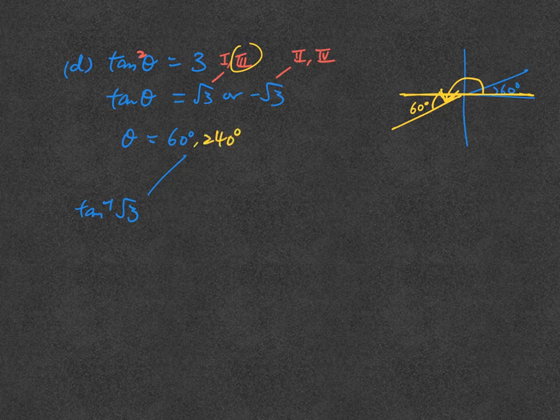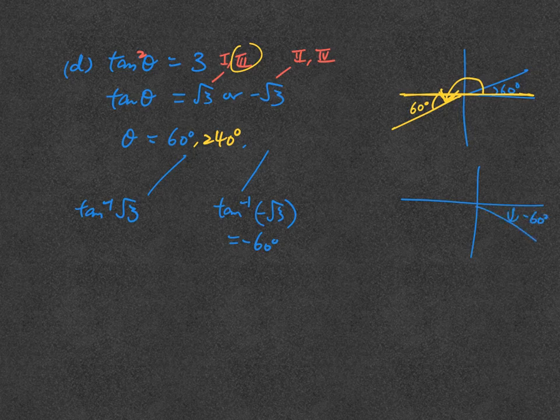And next, you still have more answers by looking at the second answer, shift tangent of minus root 3. Now from your calculator it is minus 60 degree. So minus 60 means clockwise 60, which means, yes, 300 degree.